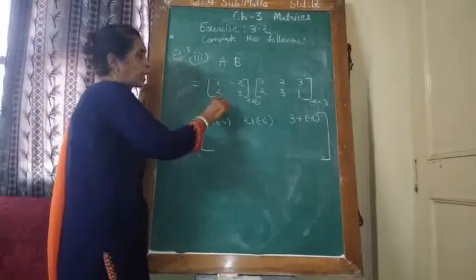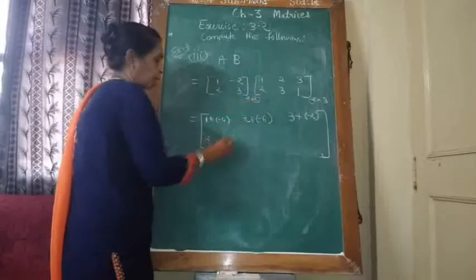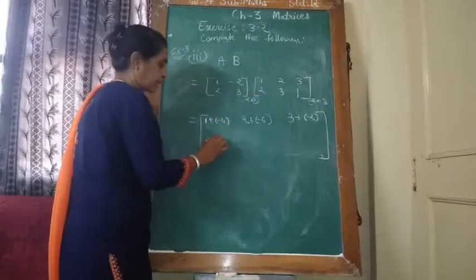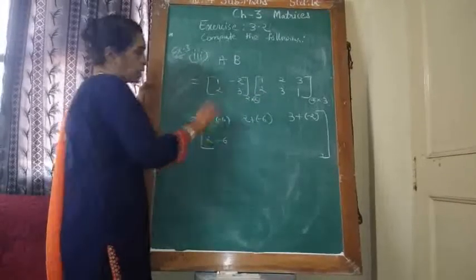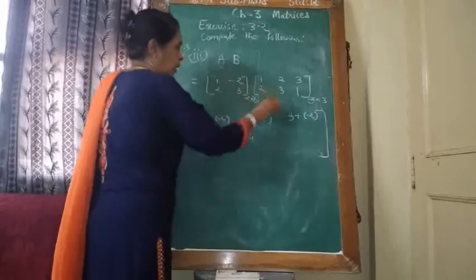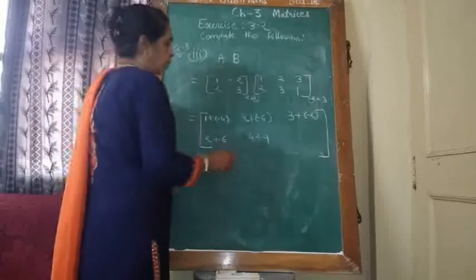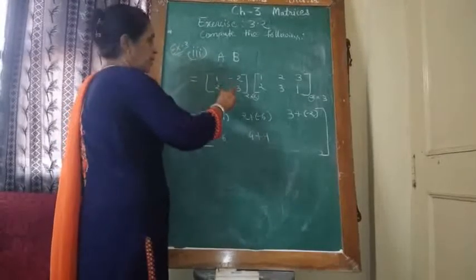Now second row with first column: 2 1 is 2, 2 3 is 3 2 is 6. You have to write here. Now second row, second column: 2 2 is 4, 3 3 is 9. You have to add those elements, the sum of the product of the corresponding elements.